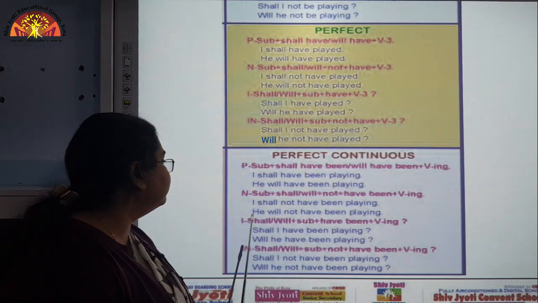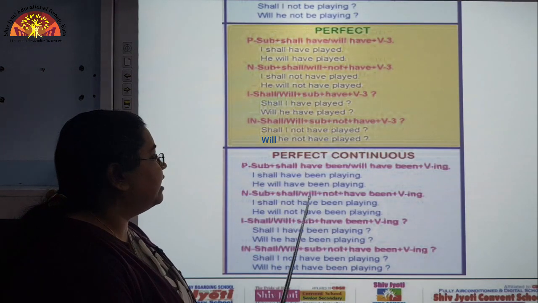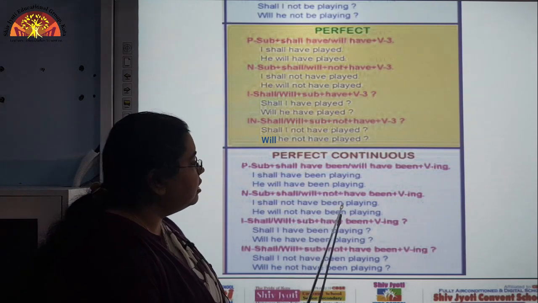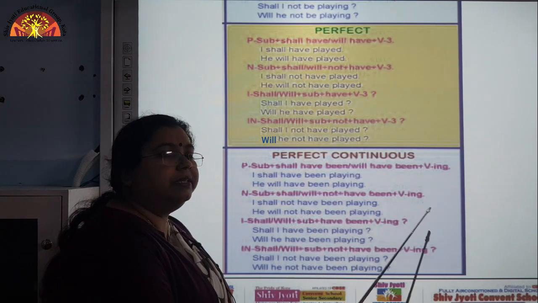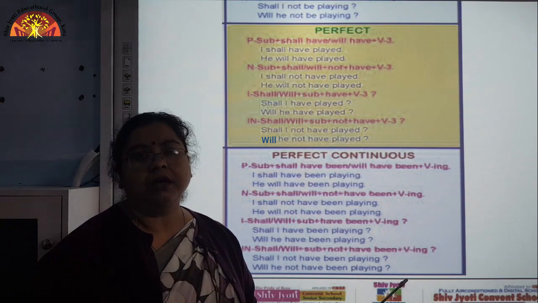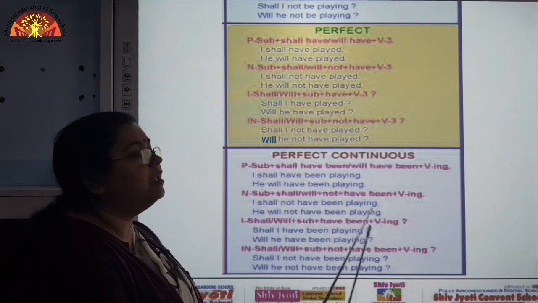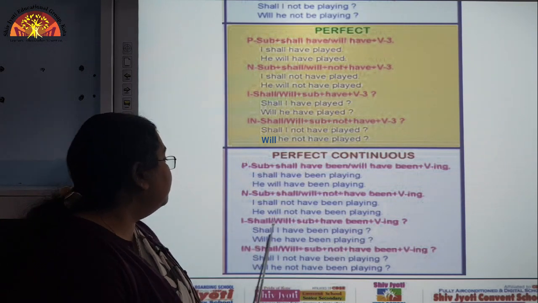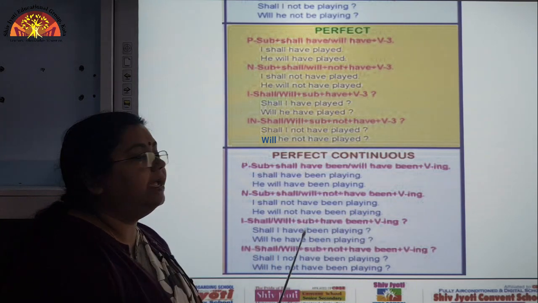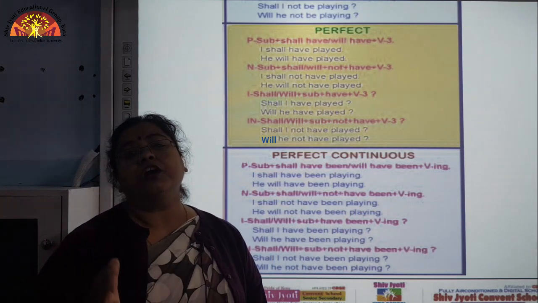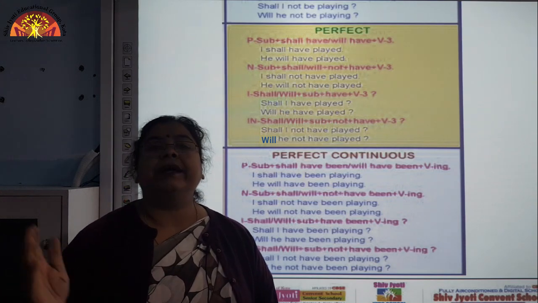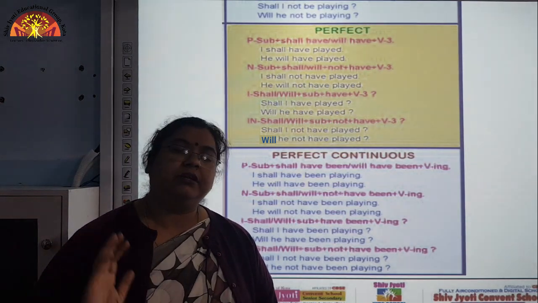Okay. Now, negative sentence, subject plus shall or will plus not plus have been, then ing form of the verb. So, here I shall not have been playing. He will not have been playing. She will not have been writing a letter, like this.